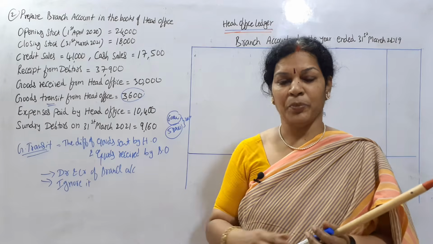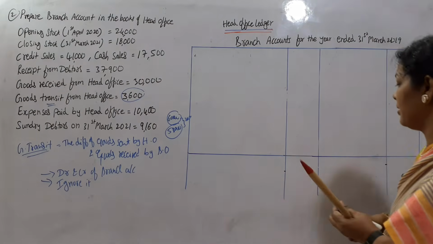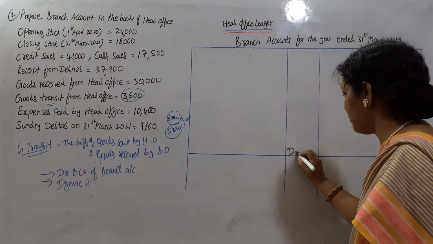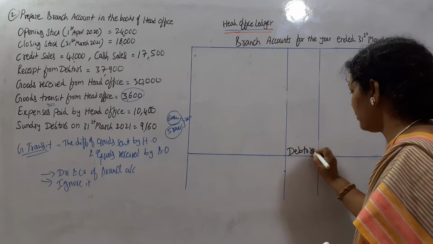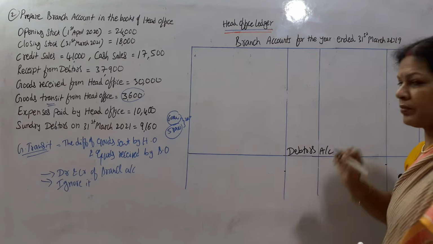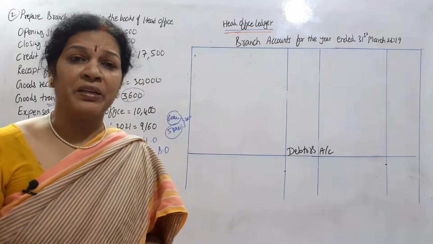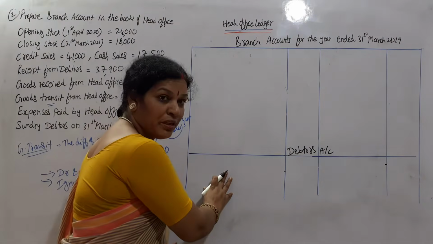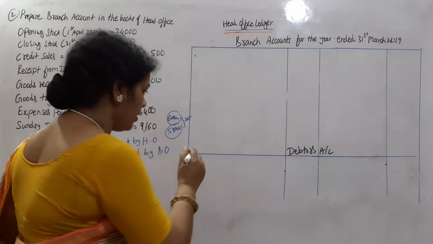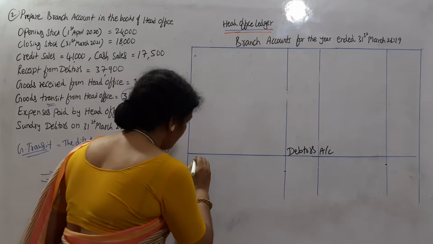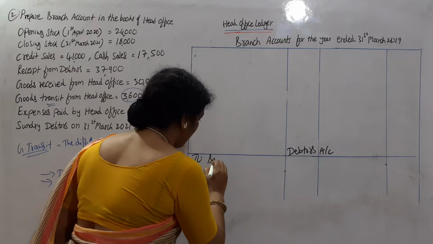Now here we are going to open the debtors account. How do you open the debtors account? Debtors means an asset account. When we open an asset account, always remember opening balance on the debit side, closing balance on the credit side.